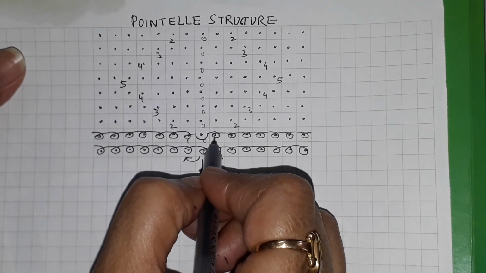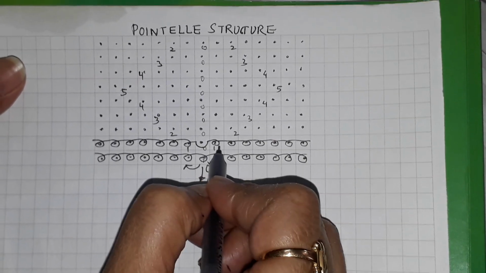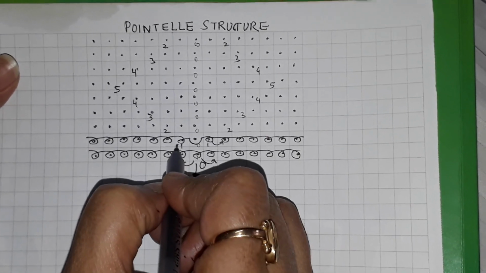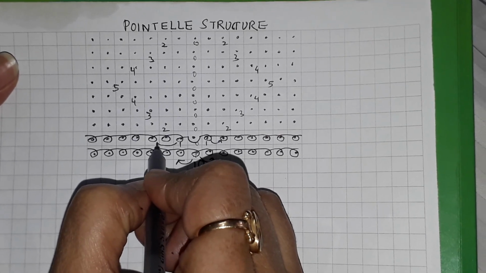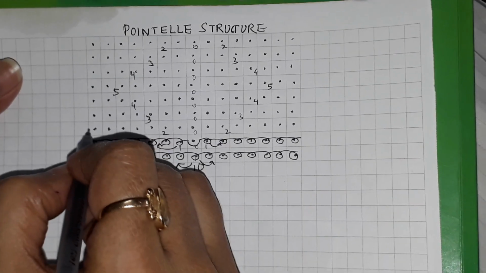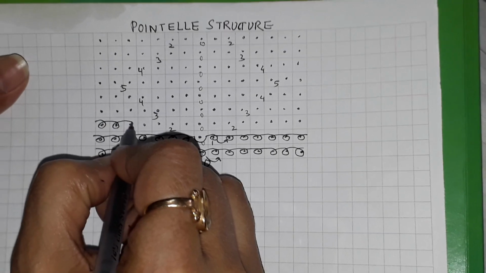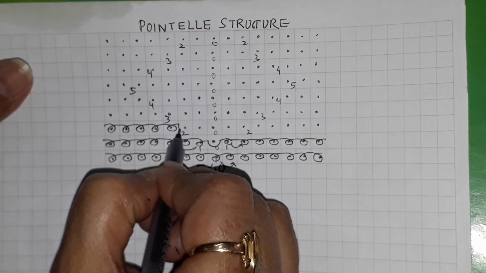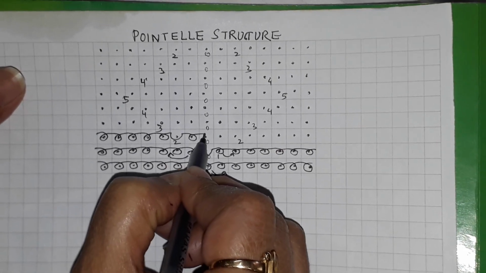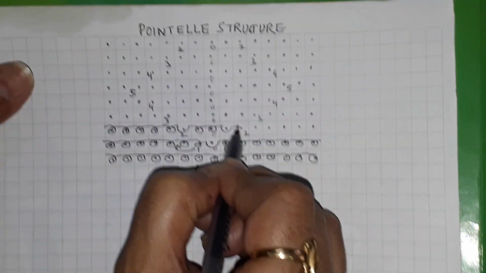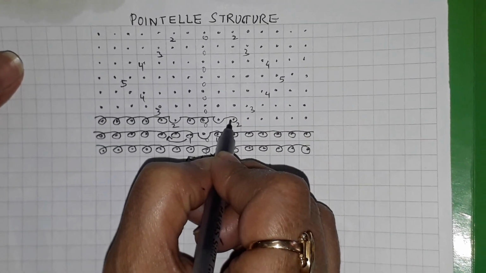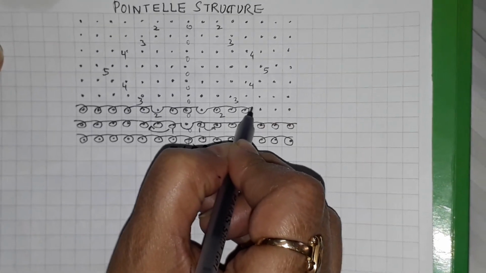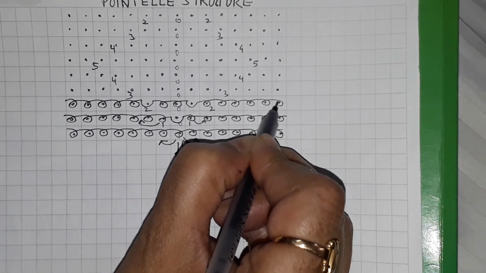Now adjacent to this, you will put this loop here and this loop here. So this is on the machine and you can just do a similar thing.